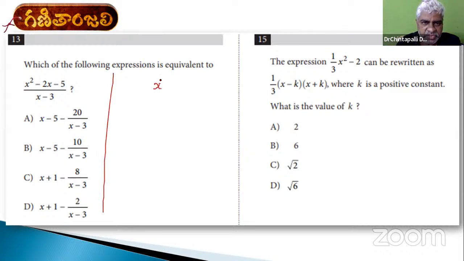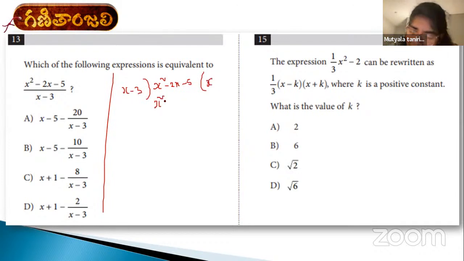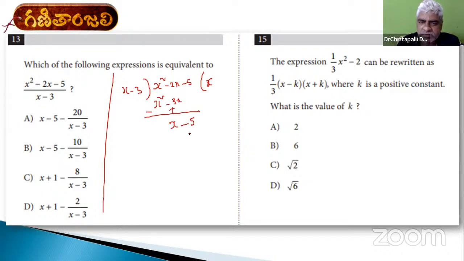x square minus 2x minus 5 dividing by x minus 3. x times x minus 3 gives x square minus 3x. Subtracting, we get x minus 5. X goes one time. x minus 3, subtracting, minus 2.